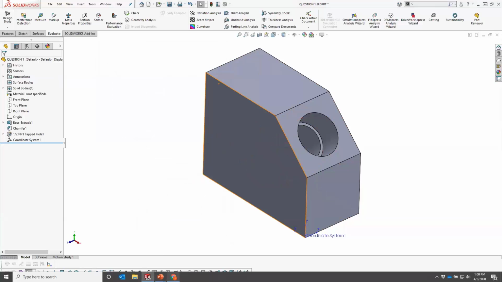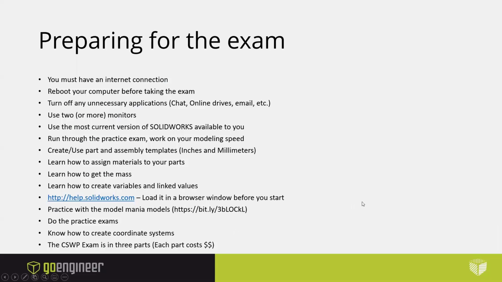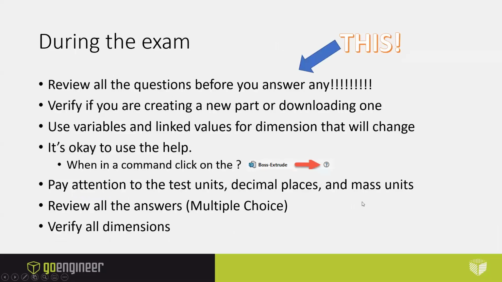Now, the next pieces we'll go through here is while you're taking the exam. I cannot stress enough, review all the questions before you answer any of them. A lot of the questions are built on the previous part or the previous question. So question 1 might have you build a box and ask you what the mass is.